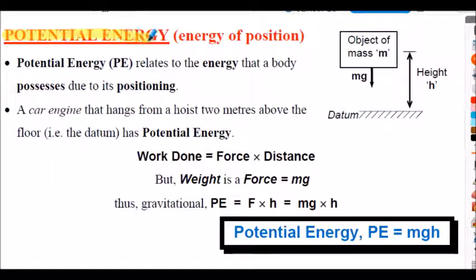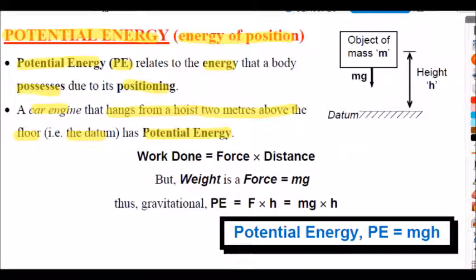Firstly, potential energy. That's energy due to an object's position in a gravitational field. So potential energy, PE, relates to the energy that a body possesses due to positioning. So if a car engine hangs from a hoist 2 meters above the floor, if that's the datum, then it has potential energy relative to the floor.